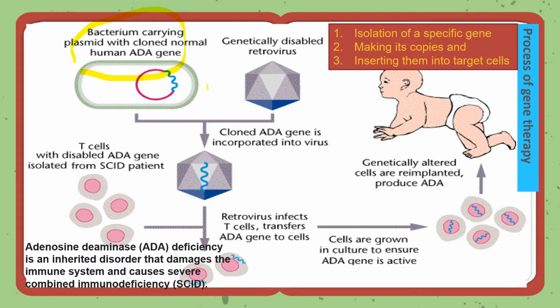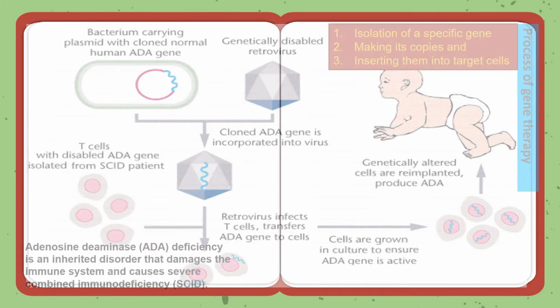We take a genetically disabled retrovirus and incorporate the gene into the virus, where it is multiplied in many cells, and now the culture is introduced into the particular person. This is called the process of gene therapy.